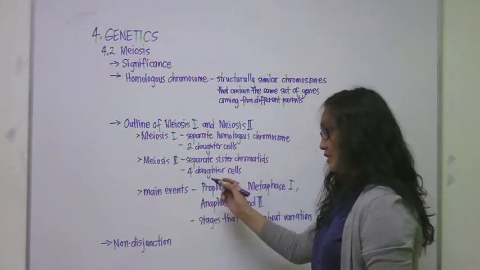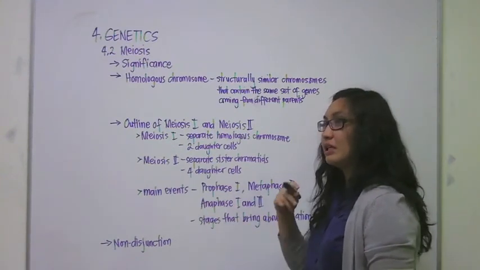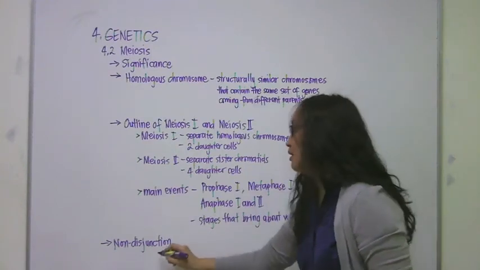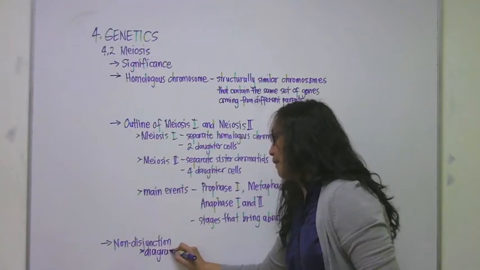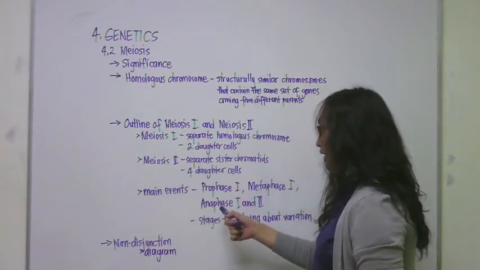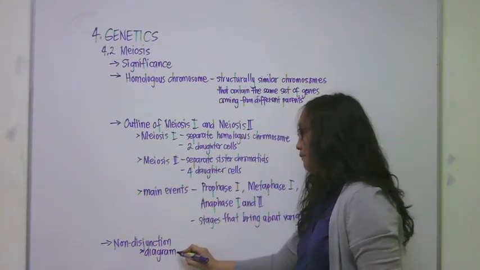So for this type of mutation, we need to show students a diagram that non-disjunction can happen in anaphase 1 and 2 specifically.